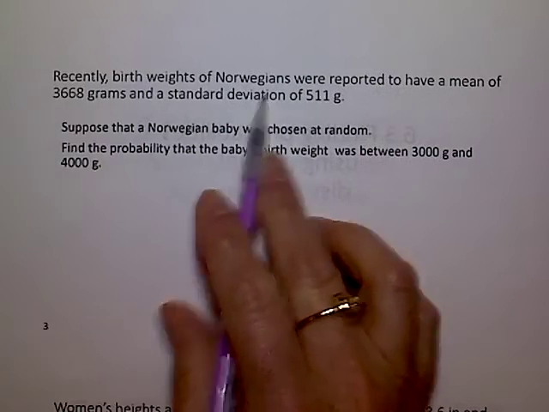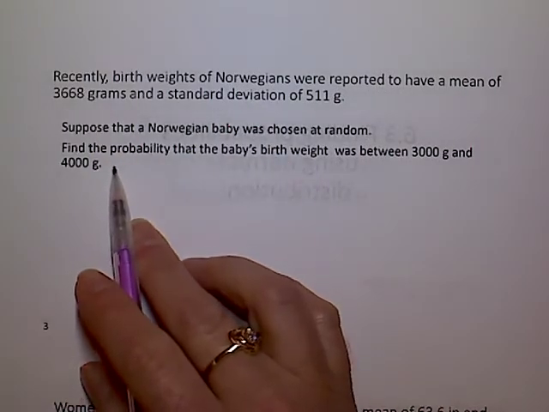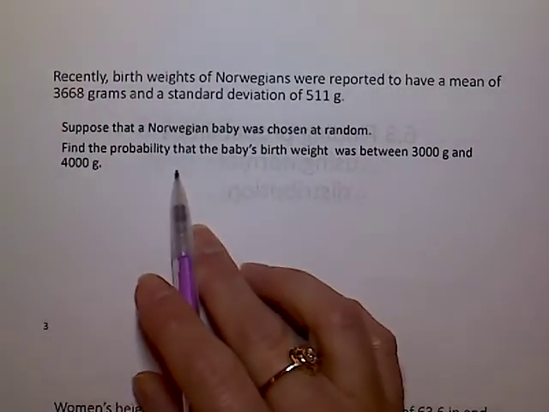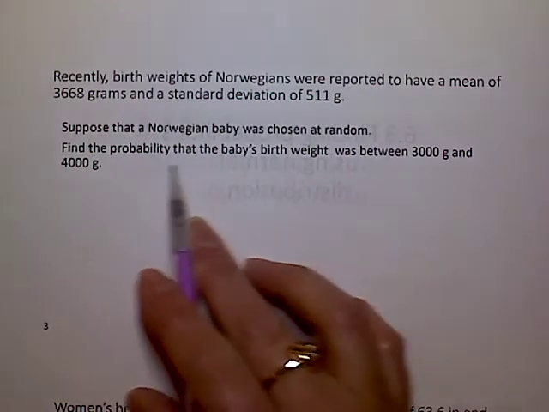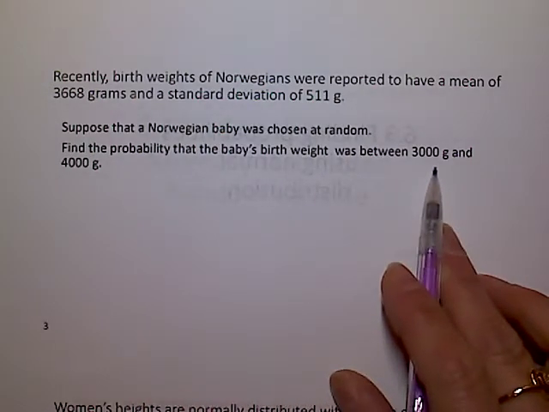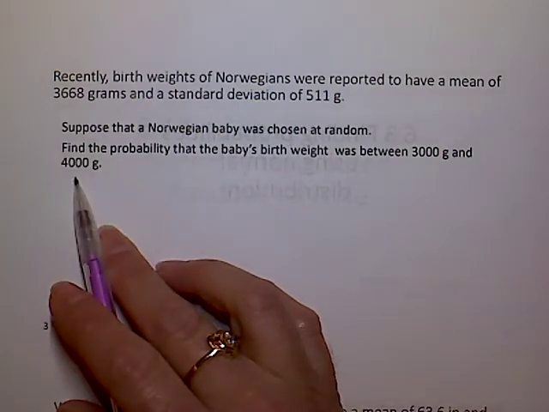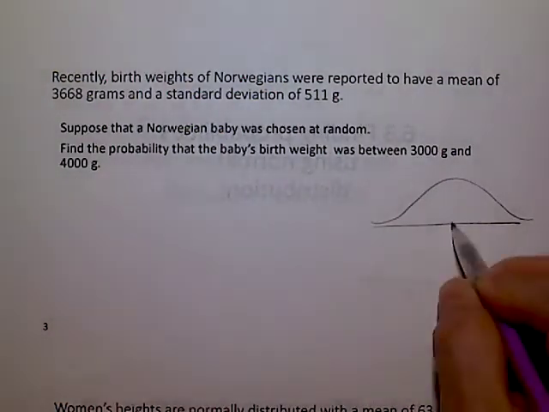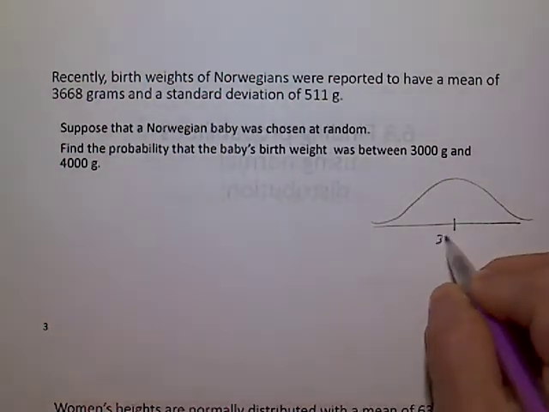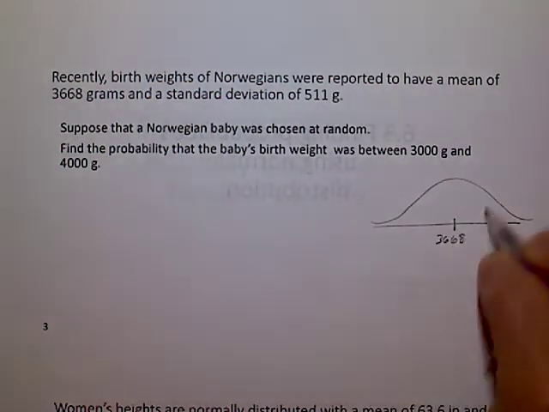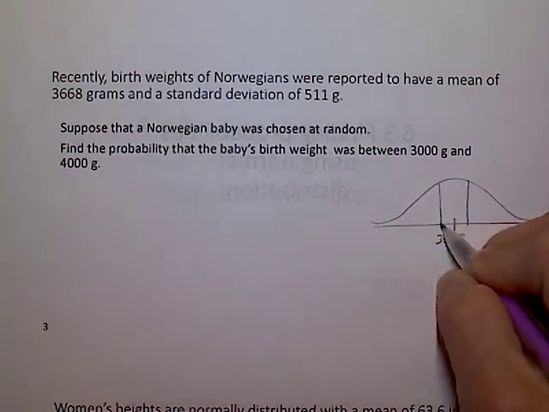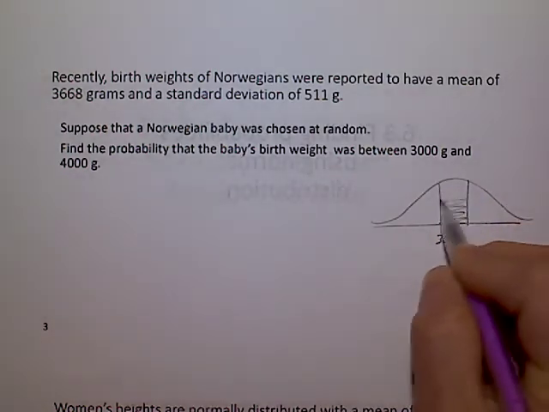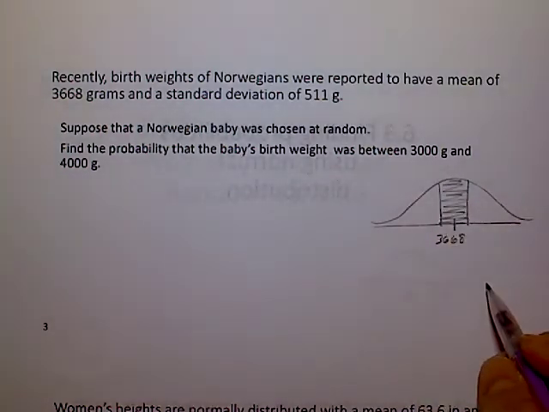Here's our Norwegians. We're going to grab a baby at random. You probably shouldn't grab Norwegian babies at random, I'm just saying. We're going to find the probability that the birth weight is between 3,000 grams and 4,000 grams. Remember what that looks like? Here's our mean, 3668, 4,000, and 3,000 is in between.